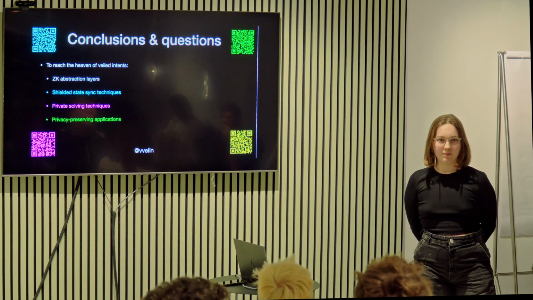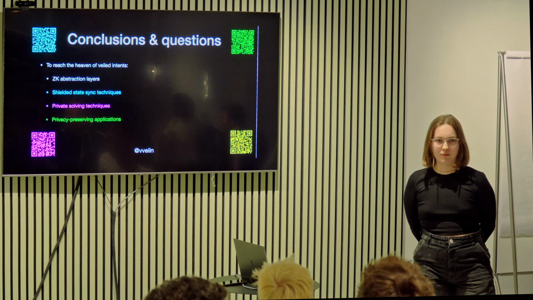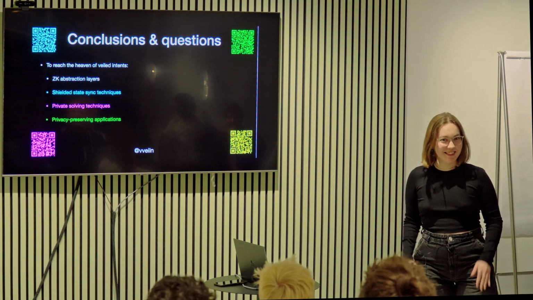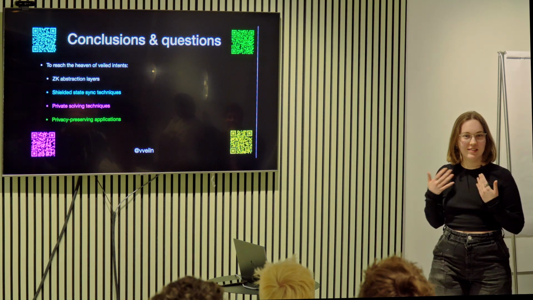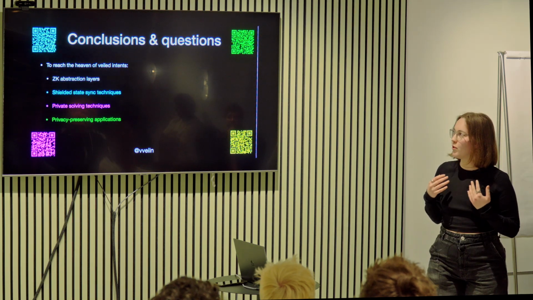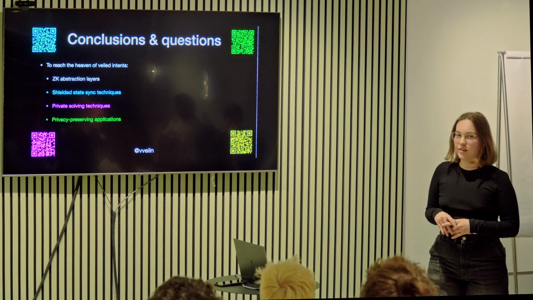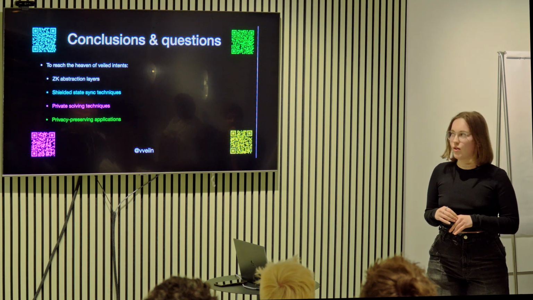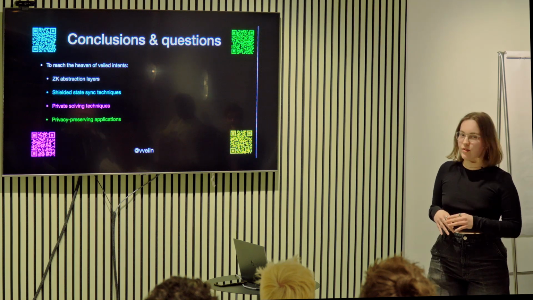Yes? I'm curious about the ZK abstraction layer. Why does it have a QR code? No watermark. Oh, well, you can create one. There is no QR code because this is something that becomes more of a problem for us right now, and I don't think we're going to work on that, to be honest, because I don't even know how to address this.